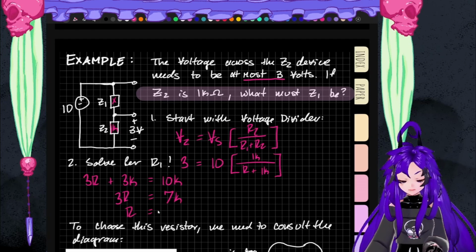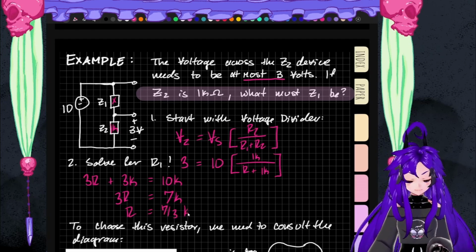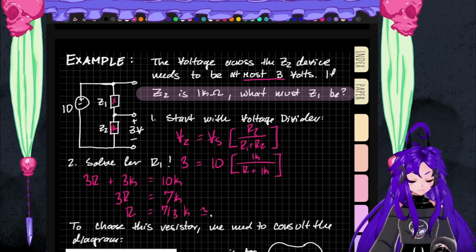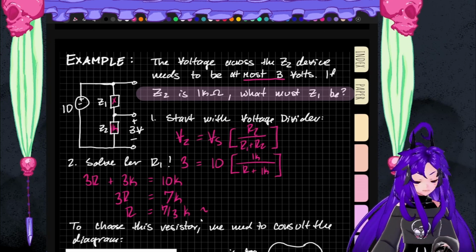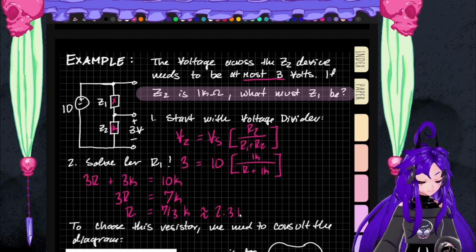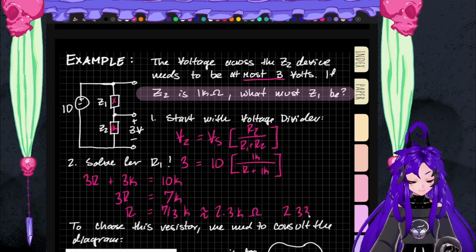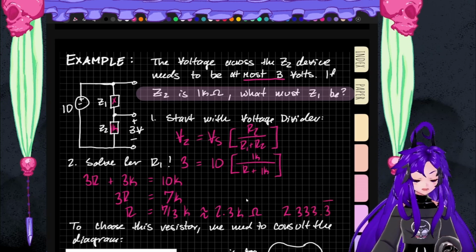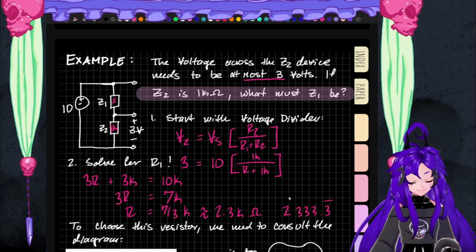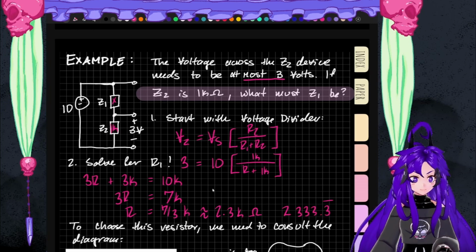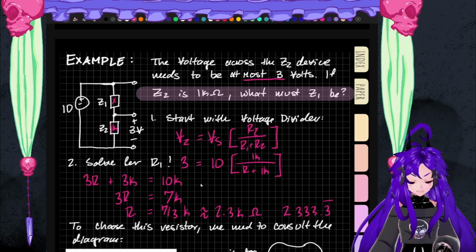So R must equal 7/3 K, right? Or, sorry, wrong symbol, or about 2.3 kilo ohms, or 2333.3. It continues. So, easy peasy. Just plug it in, solve for the thing you need, bam, lava lamps.